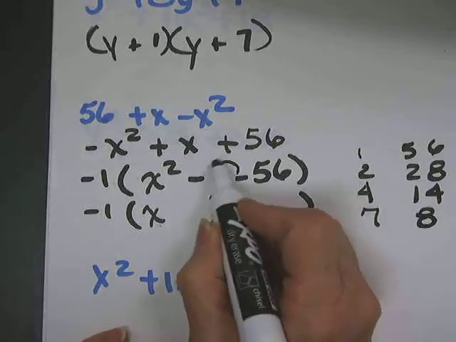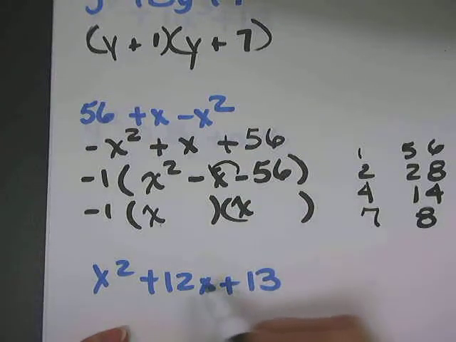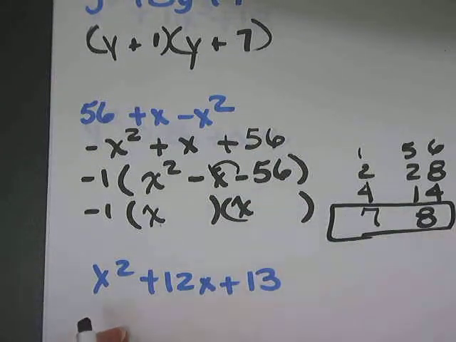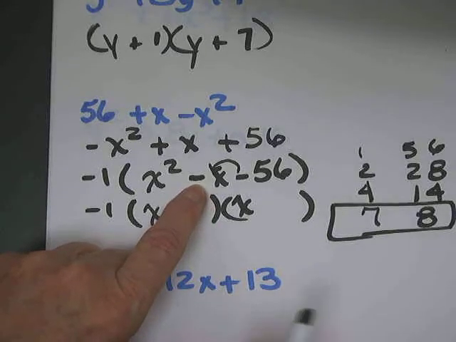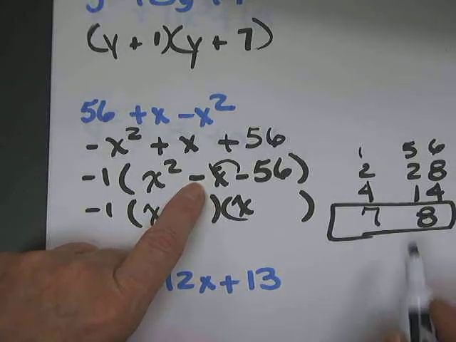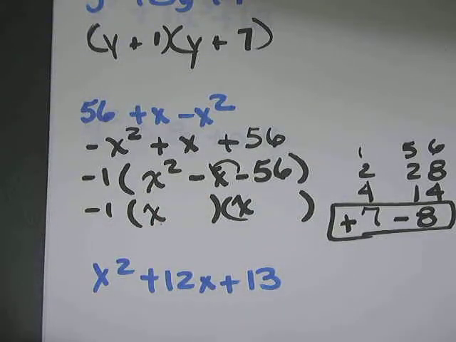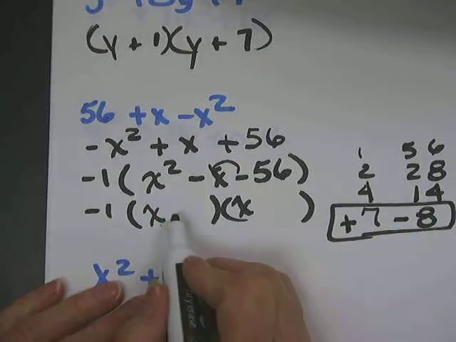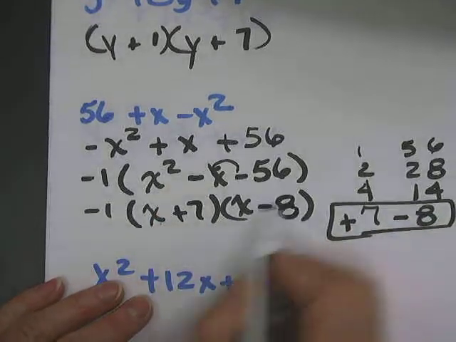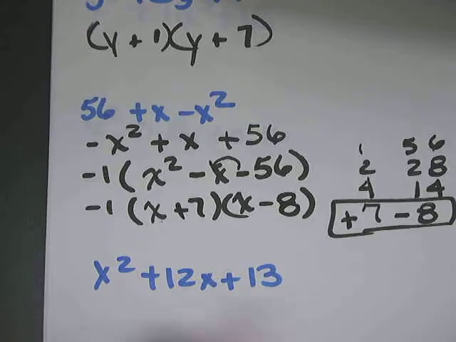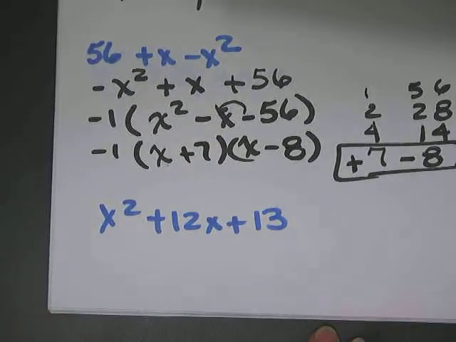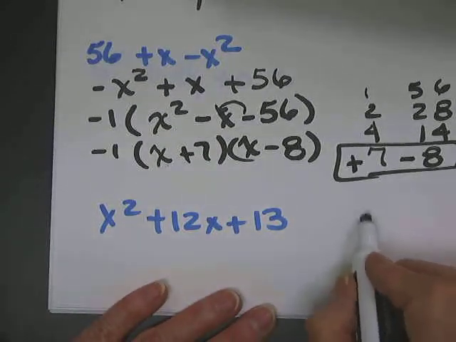Which ones subtract to give you what? 7 and 8. 8 because it's negative. You need -1, we need the 8 negative, right?